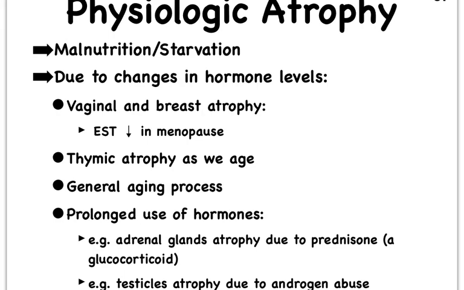And this has all kinds of consequences, particularly when it comes to the reproductive structures. We're going to see that there's going to be some thinning of the smooth muscle wall of the vagina and the skeletal muscle wall. We're going to see that the breasts are going to diminish in size. So those are forms of physiological atrophy.